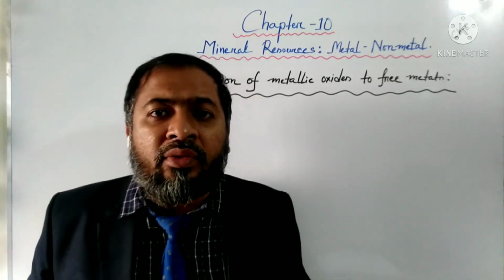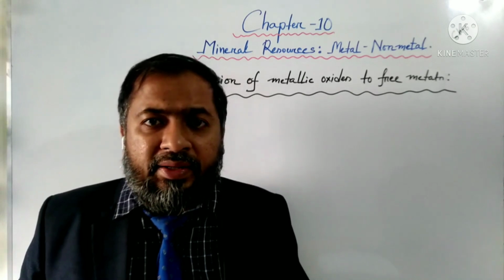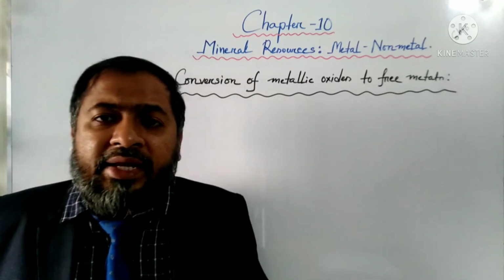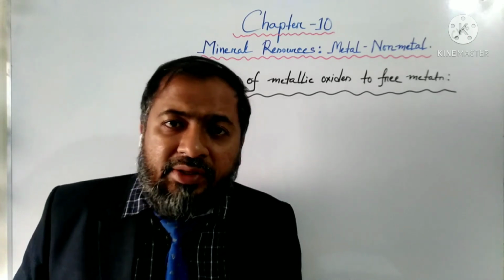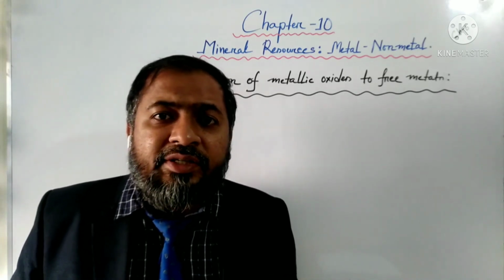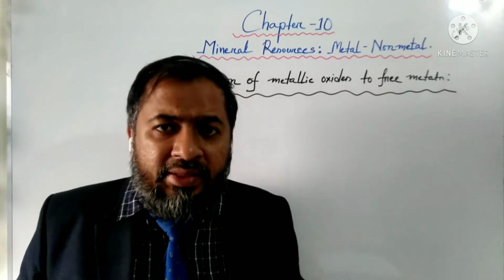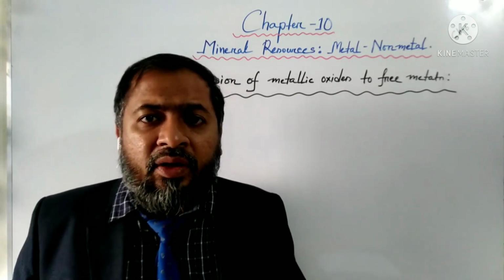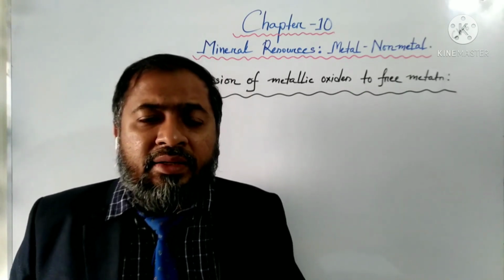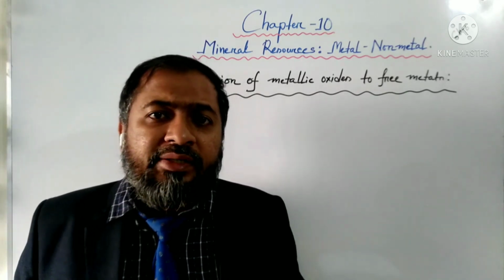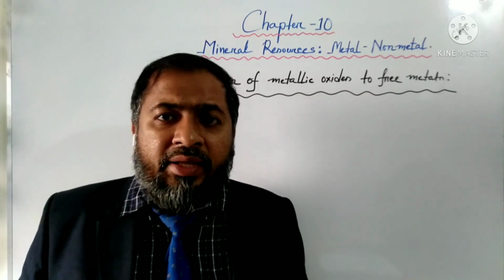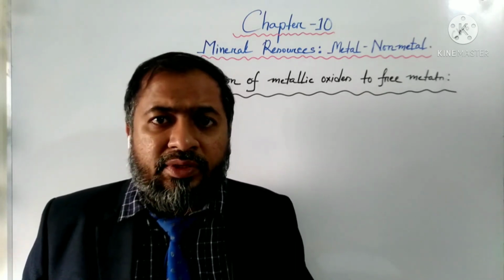It depends on the reactivity of the metals. When the reactivity of the metal is very high, we use the electrolysis process. When the reactivity of the metal is less, we use the carbon reduction process, and metals which have lower reactivity can be extracted by the auto reduction process.